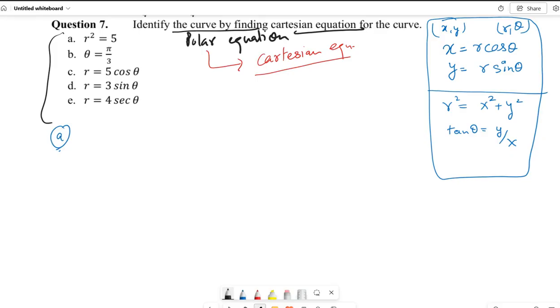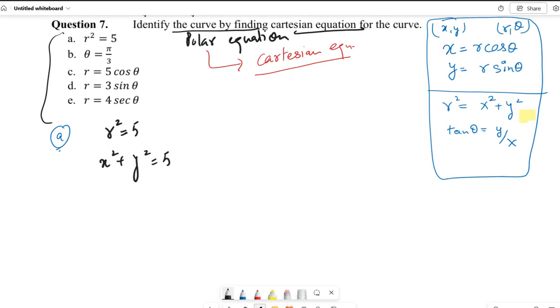Part A. It says r square equal to 5. What is r square? From our relationship, that's x square plus y square. So that's going to be x square plus y square equal to 5, by replacing r square by x square plus y square.